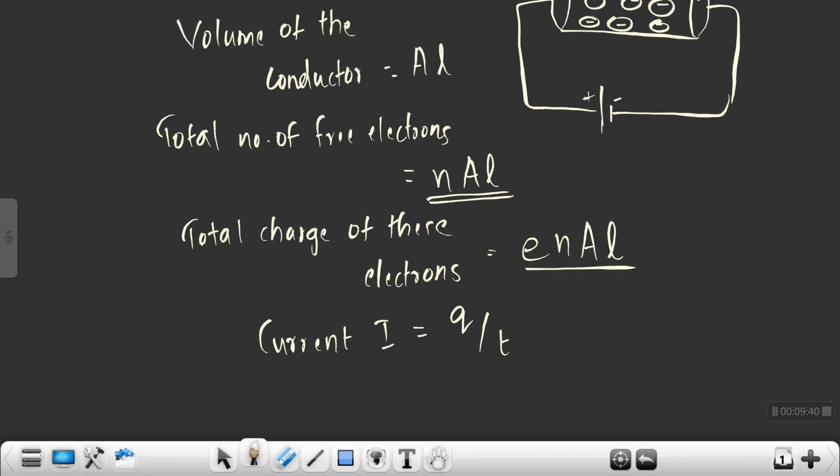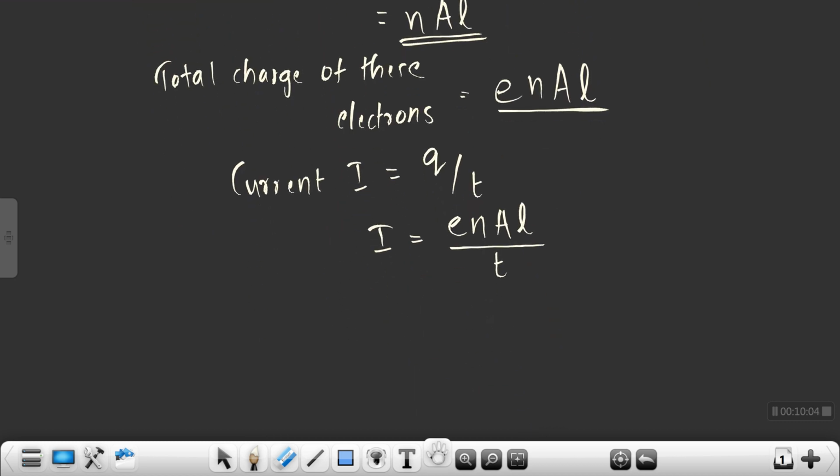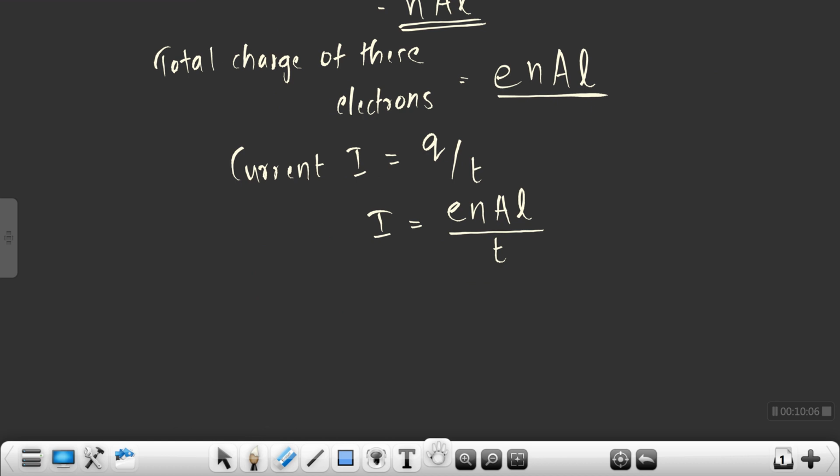We already got the total charge in the conductor, so we can substitute the value of charge in this equation. So we get I is equal to enAL by t.